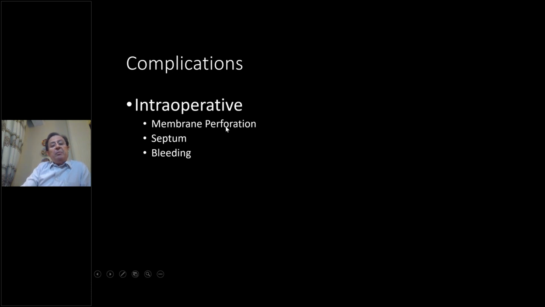About membrane perforation, if we have a small perforation, the best way is to continue carefully to lift the membrane, and if we can lift the membrane from the other side, the membrane will fold on it. A small perforation means 5 millimeters or less.